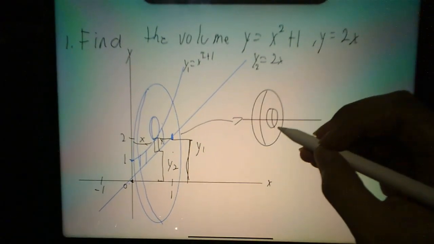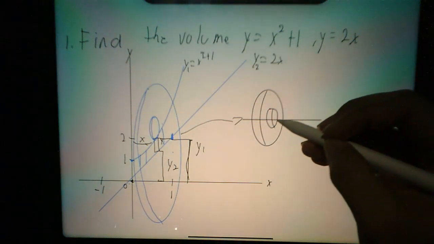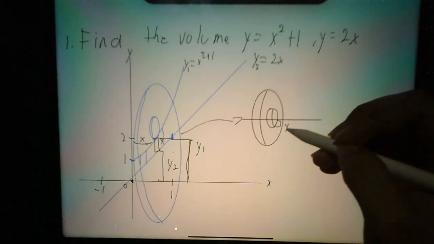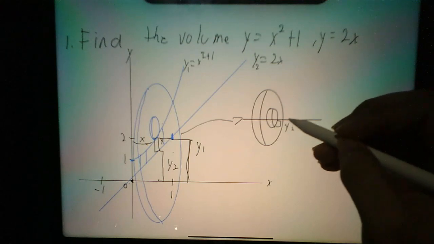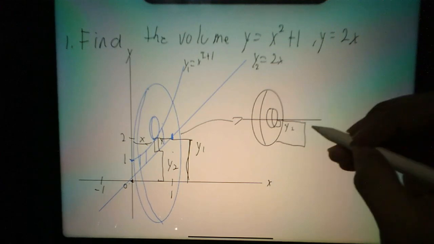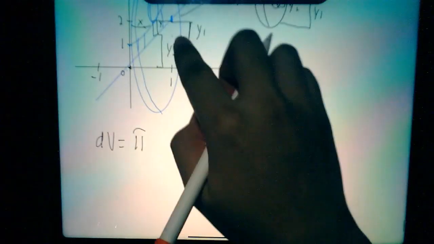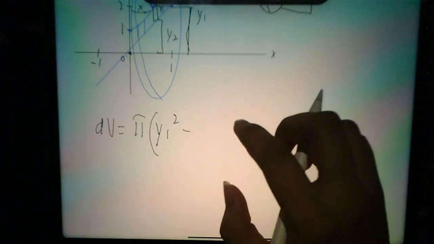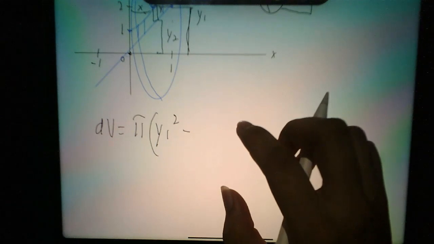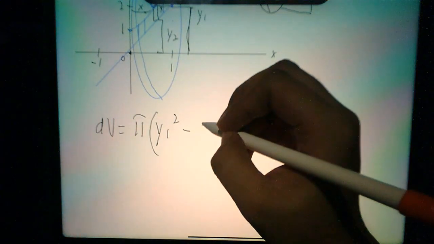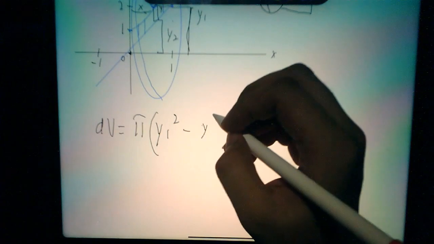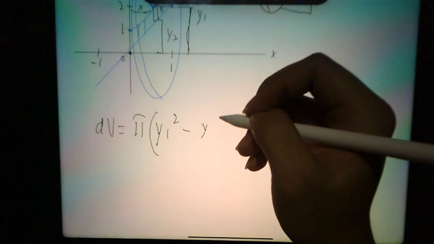So this part is y1 and this is y2. The differential volume of this is just pi times the bigger part, y1 squared, minus y2 squared.